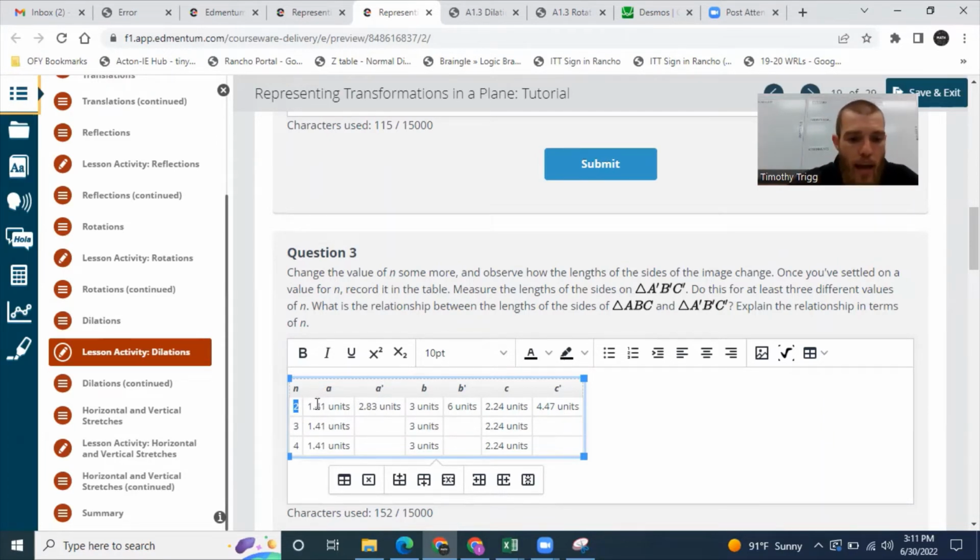And then 3 times 2 gives me the 6 units. And again, 2.24 times 2 gives me the 4.47. Again, some rounding error there. But hopefully that makes sense, that to get any side length of the image from the pre-image, you would multiply by the scale factor, which makes sense, right?